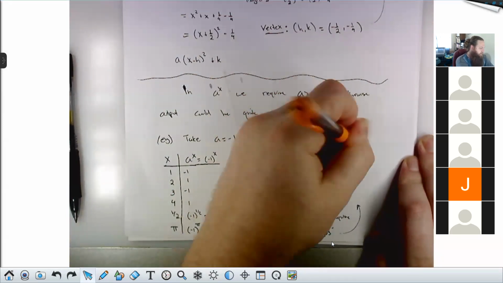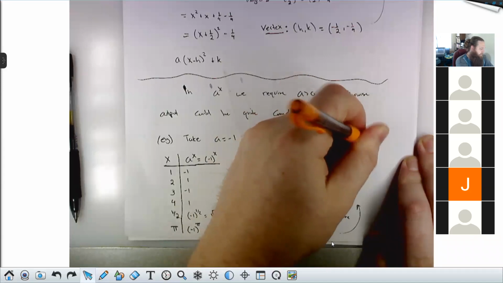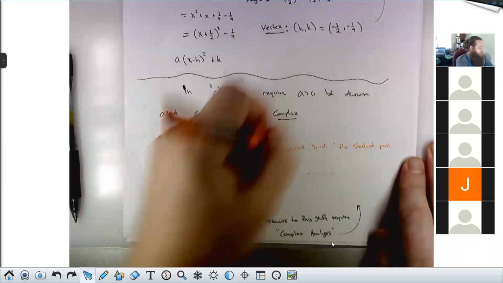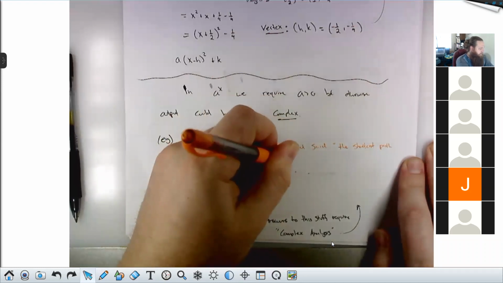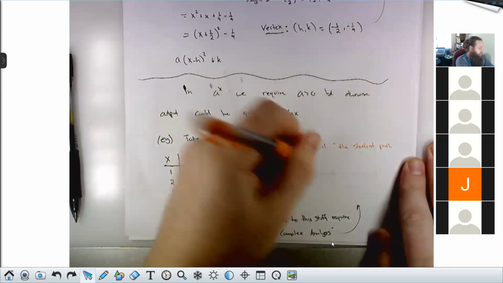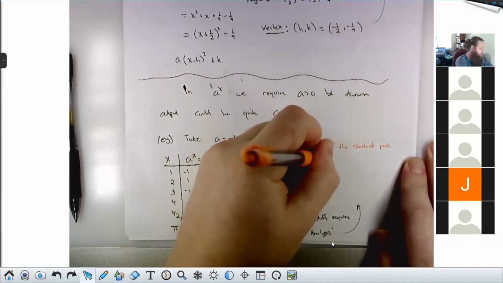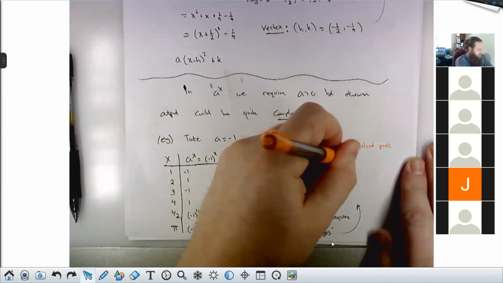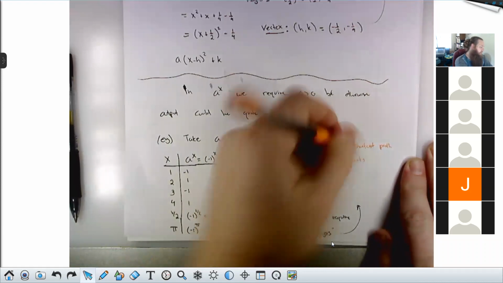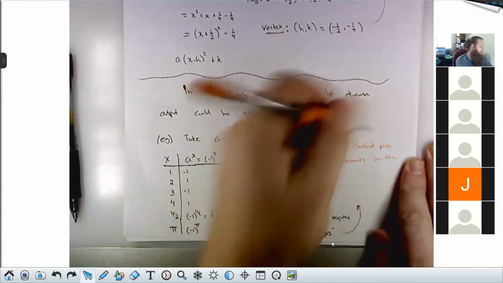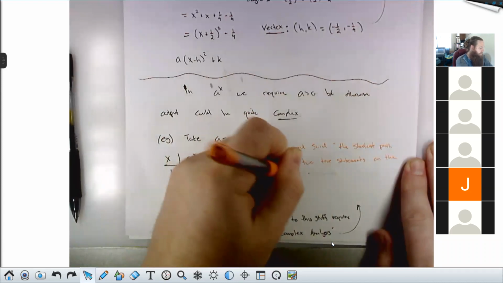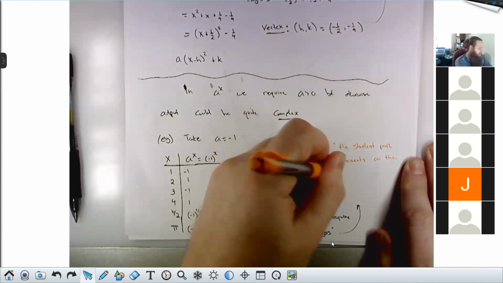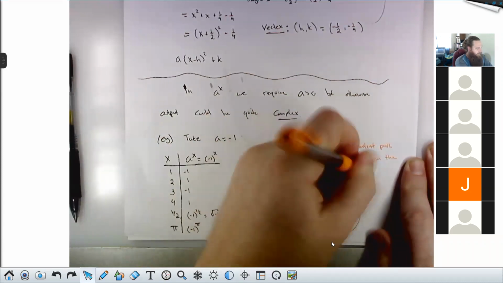He said that the shortest path between two true statements on the real line passes through the complex plane. It's kind of a cute statement, it's not anything deep.